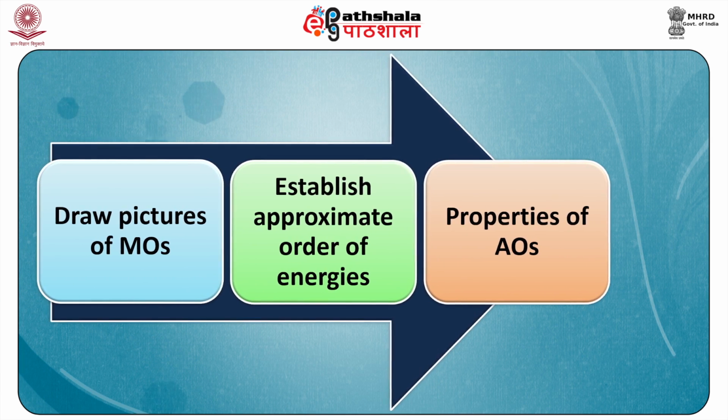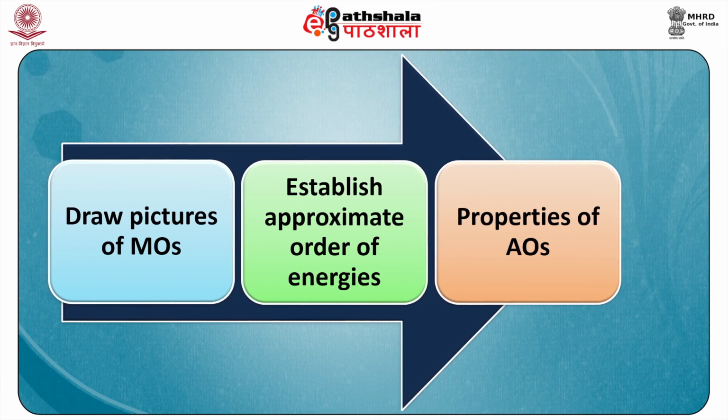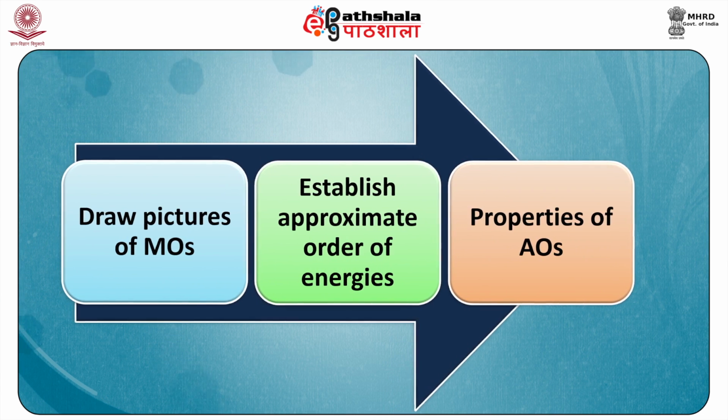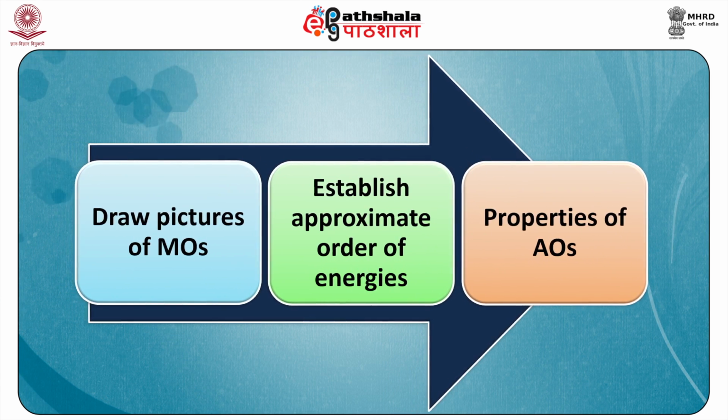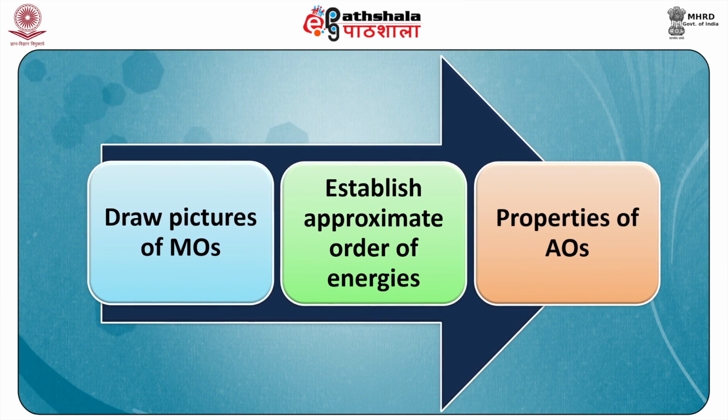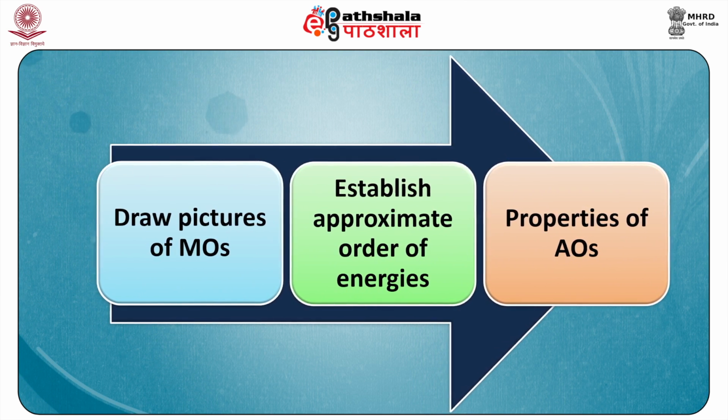The molecular orbitals must be either symmetric or antisymmetric with respect to the symmetry operations of the molecule. It is possible to draw pictures of the molecular orbitals and to establish the approximate order of energies from the properties of the atomic orbitals.